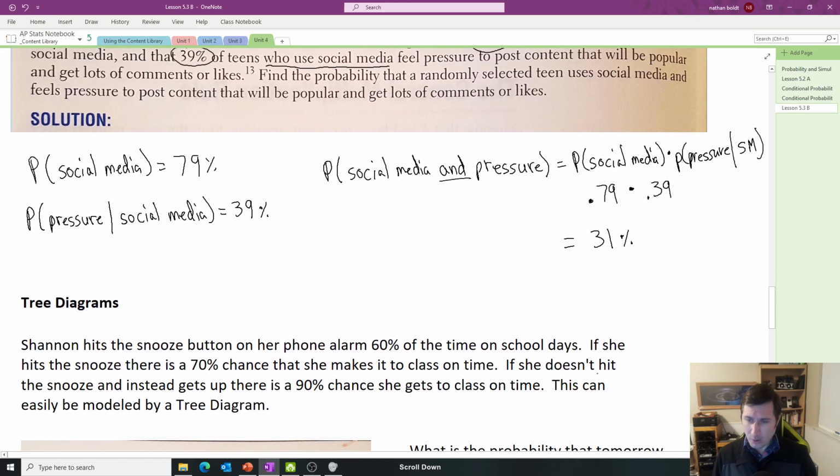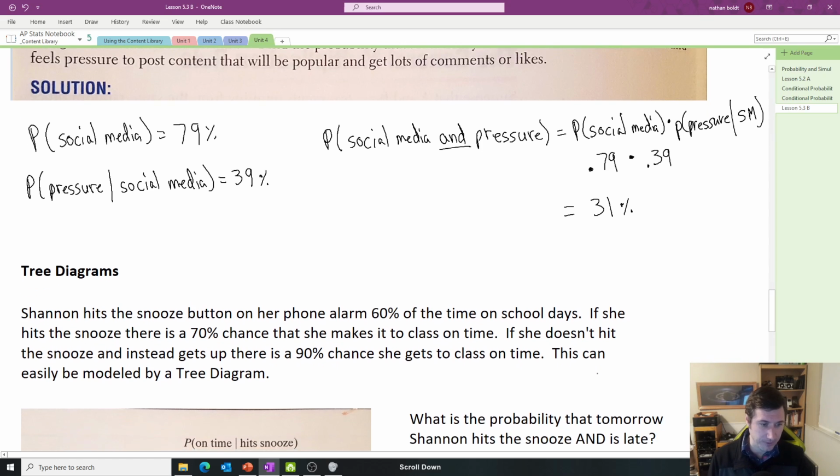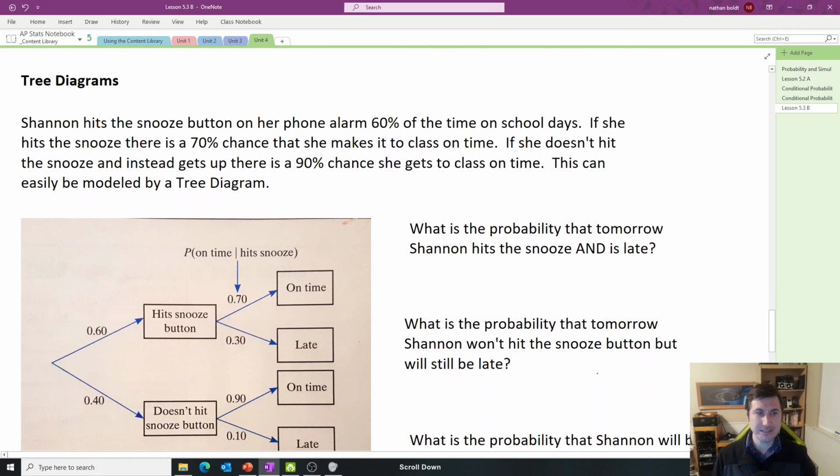All right, now, one tool that can help us do all of these is called a tree diagram. A tree diagram helps organize all this information and make it much easier to do these rules. So, here's our scenario. Shannon hits the snooze button on her phone alarm 60% of the time on all school days. Whew.